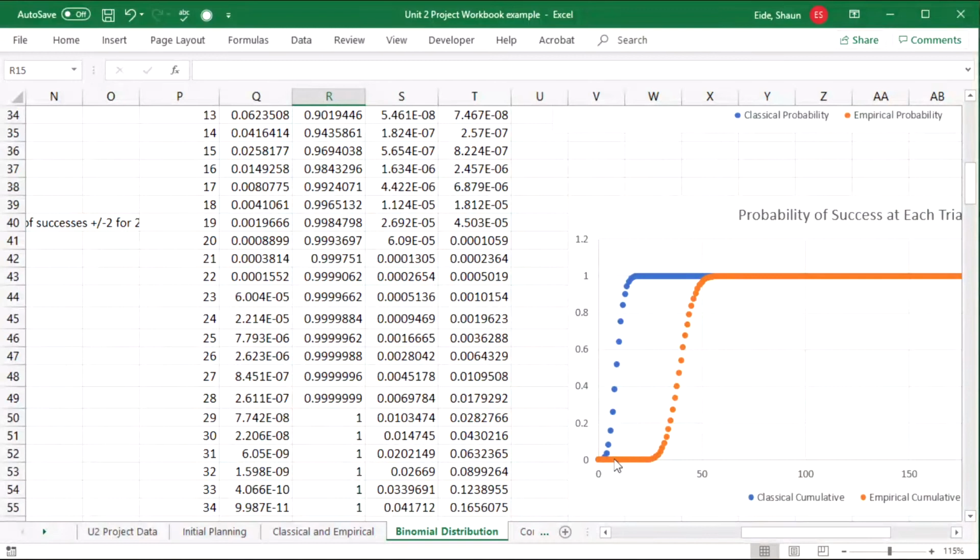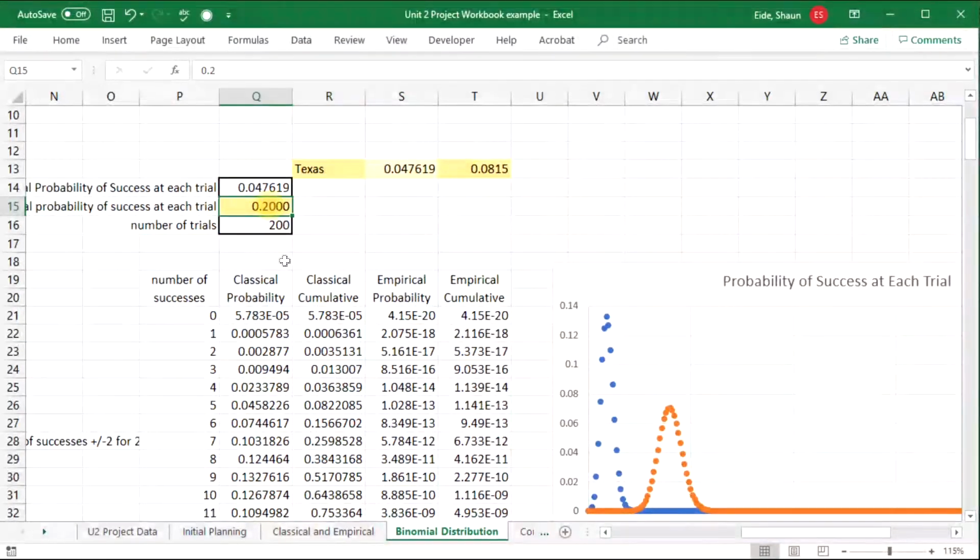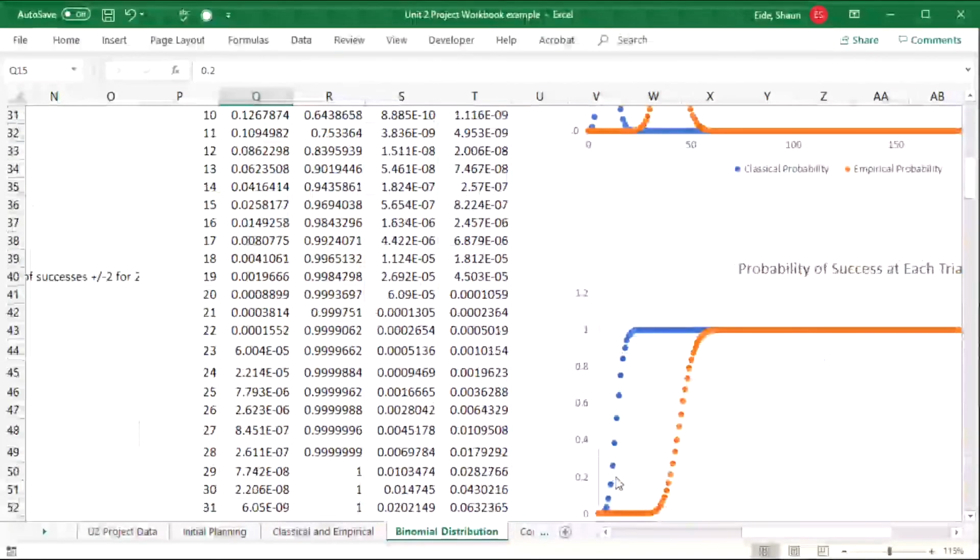Anywhere between 0 to 38 states, the probability of that is 0.4 if the probability of you choosing Texas, or a company being from Texas, is 0.2.